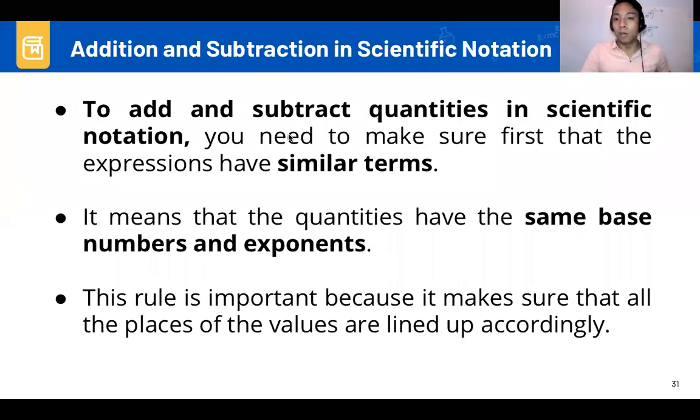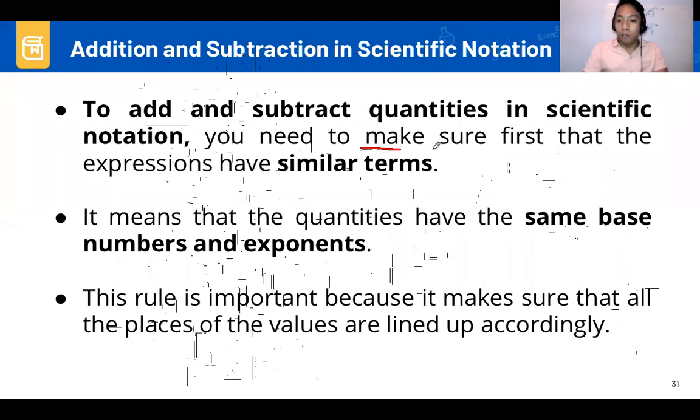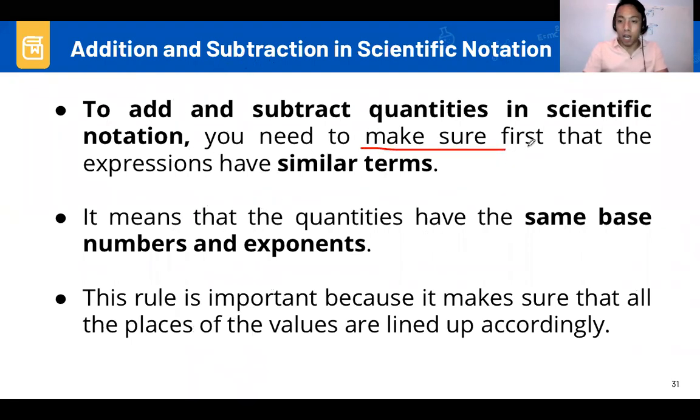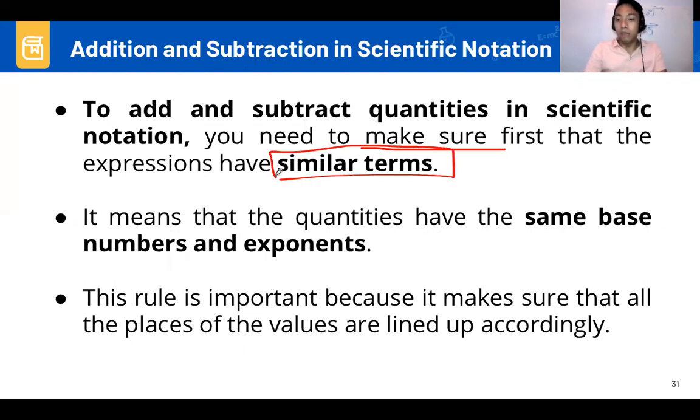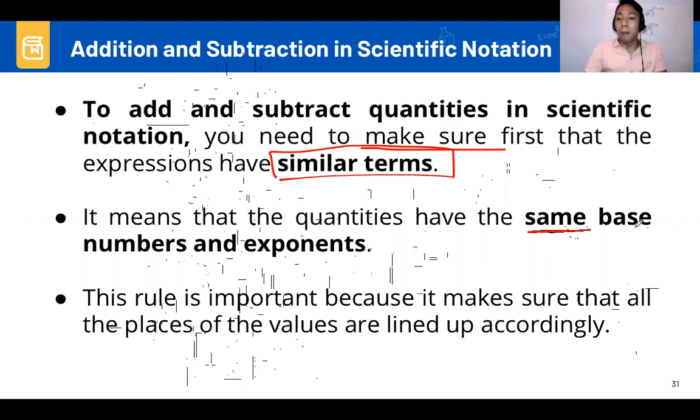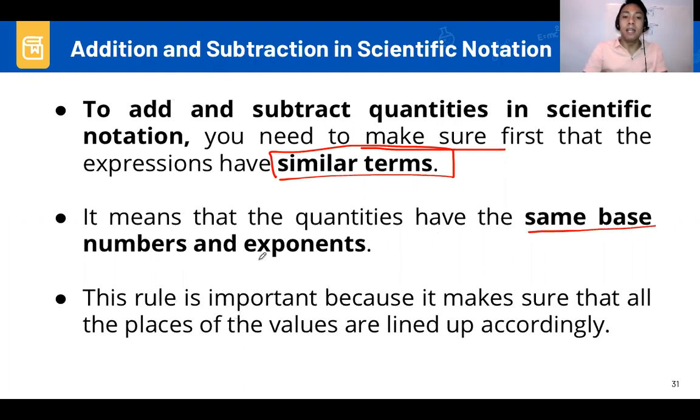To add and subtract quantities in scientific notation, you need to make sure first that the expressions have similar terms. What do we call similar terms? It means that the quantities have the same base and exponent. So ano yung sinasabi na base and exponent?